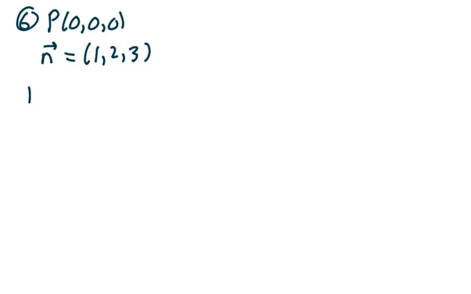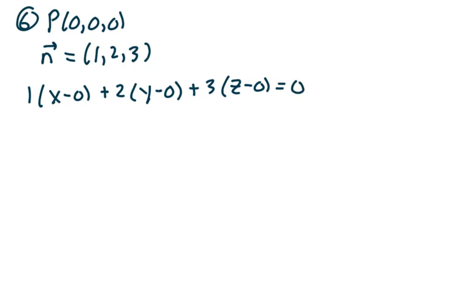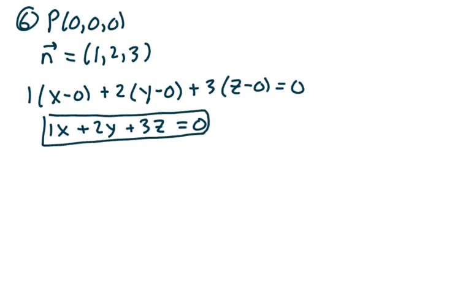So I'm going to take 1 times x minus 0 plus 2 times y minus 0 plus 3 times z minus 0 and set that equal to 0. And so therefore 1x plus 2y plus 3z equals 0. And that's how we do 6.